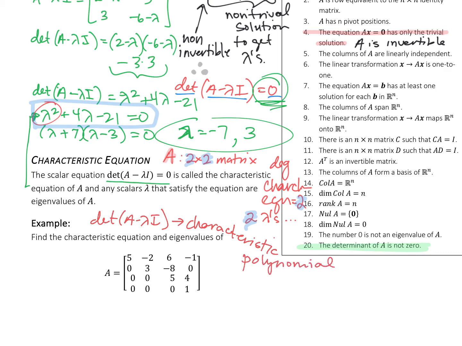And the characteristic polynomial has degree n, and therefore it has n eigenvalues. Now, there are times where some of those eigenvalues are not real. The only ones we're going to talk about here are when we have real number eigenvalues.